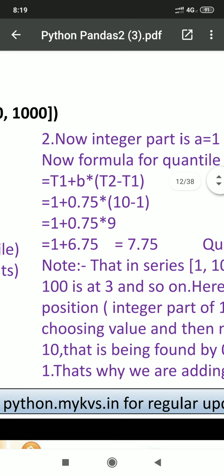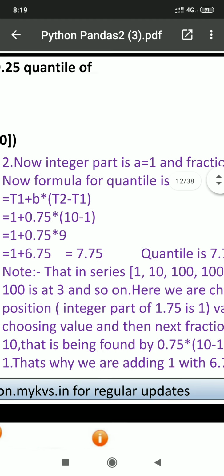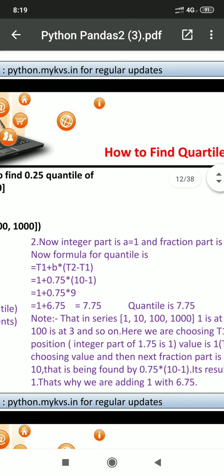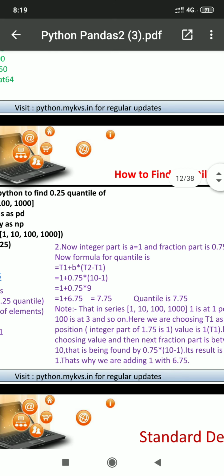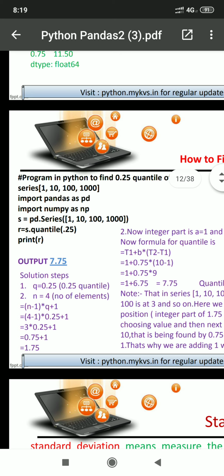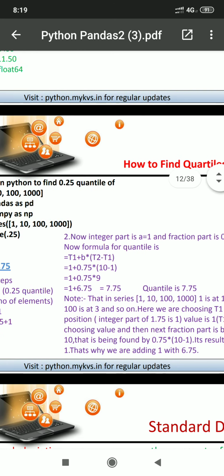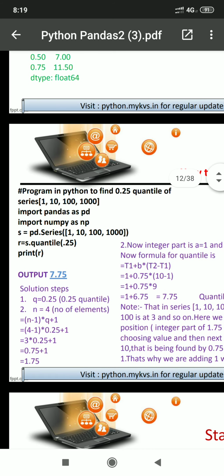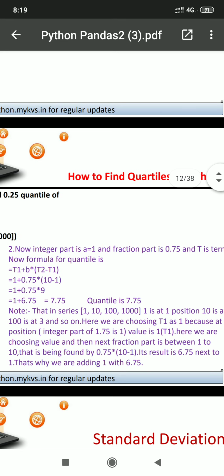Now, the second part, to find out the exact result. Now, the integer part of 1.75: if we discard the value after the point, its integer part is equal to 1.